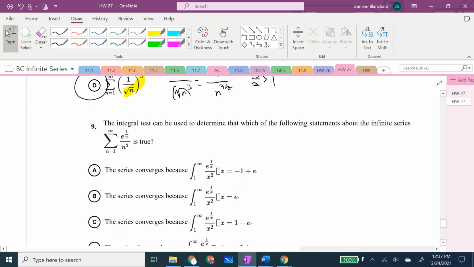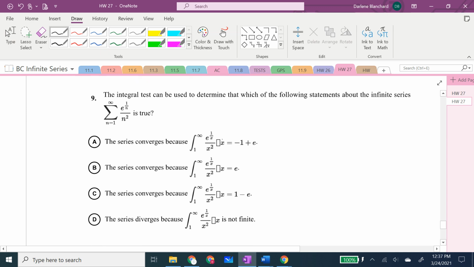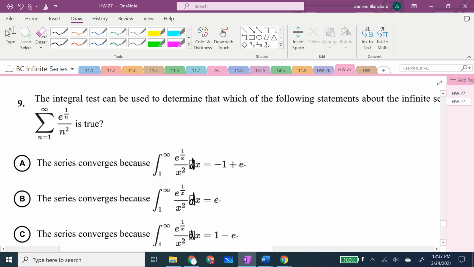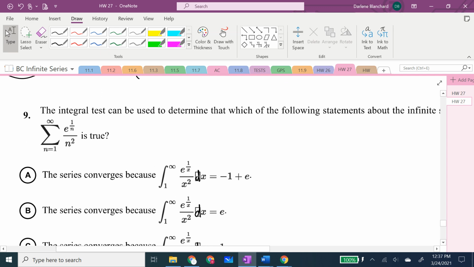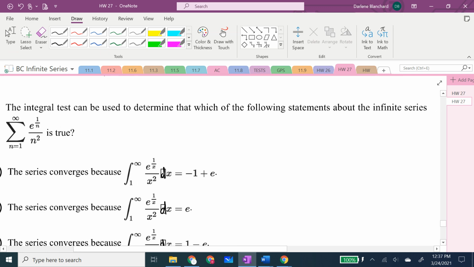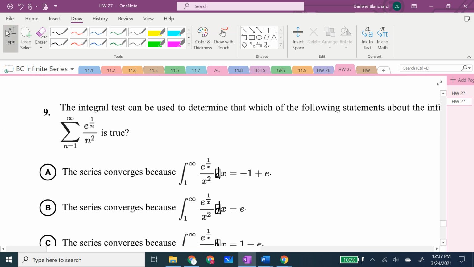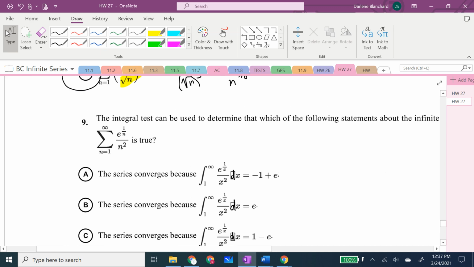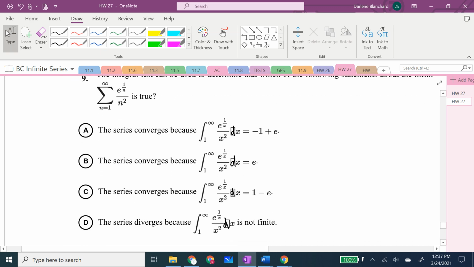Now, number 9 definitely needs to be looked at. And this didn't print properly. These should be D's for the dx's. And this is saying the integral test can be used to determine which of the following statements about the infinite series is true.